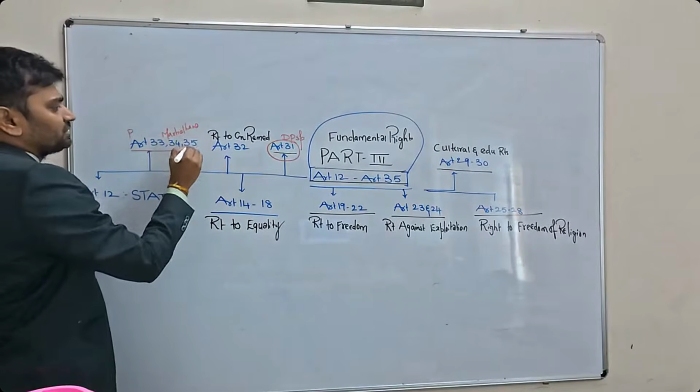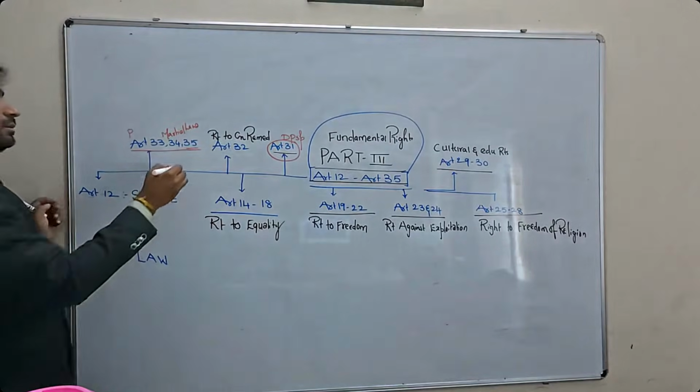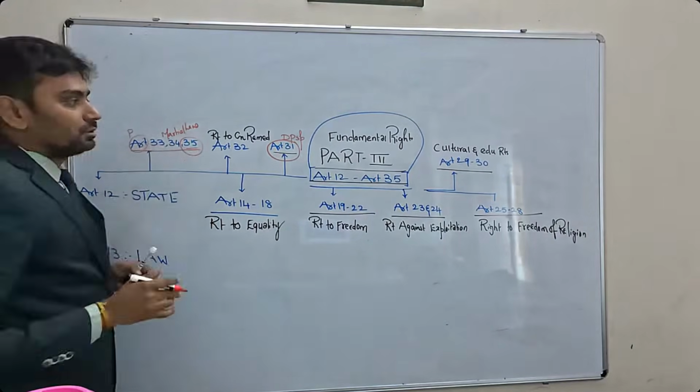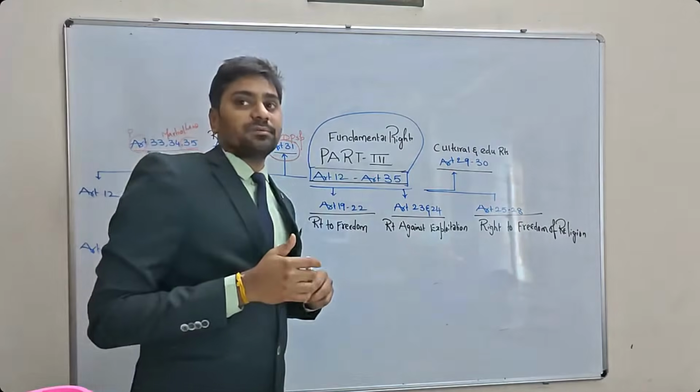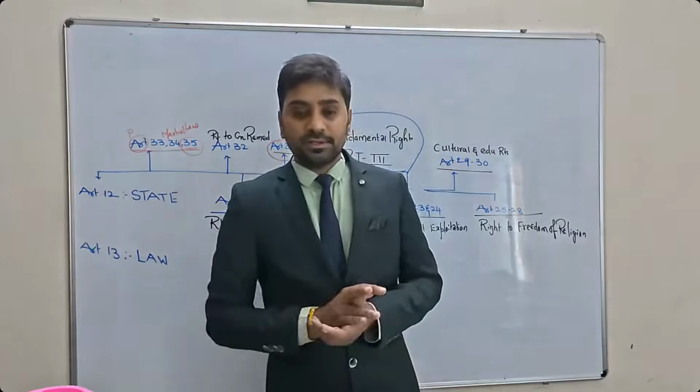And 35 is conferment of these rights on citizens. Or again, this can be seen as one of the limitations. So 33, 34, 35 and 31 can be considered as some restrictions on the fundamental rights that we have. So these are the things that we have.